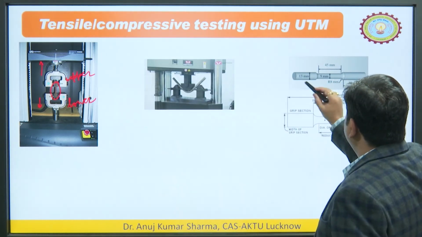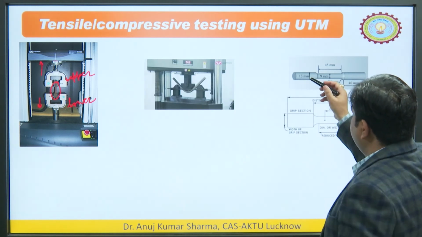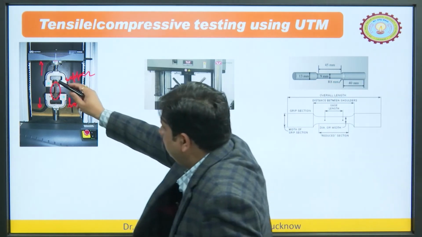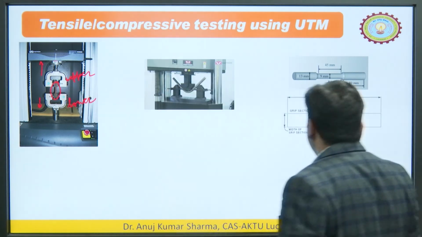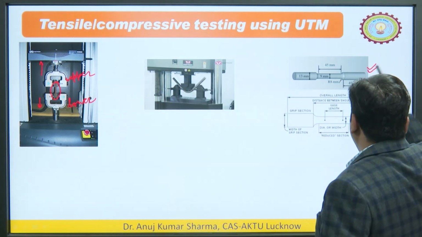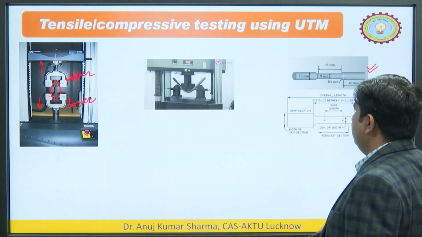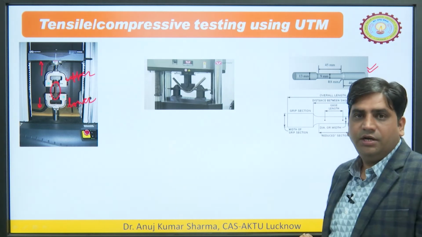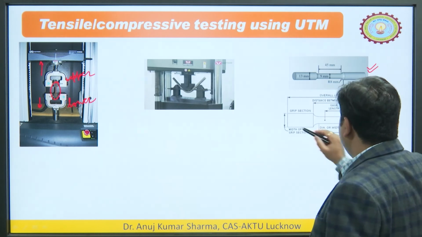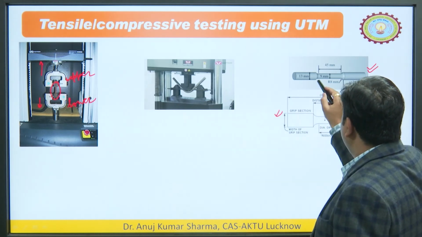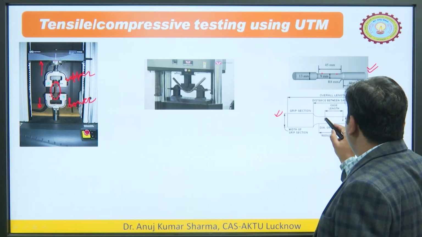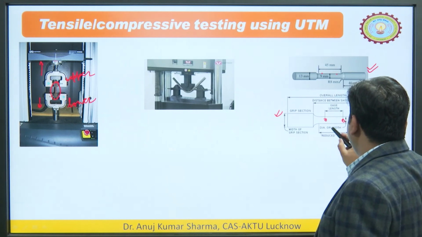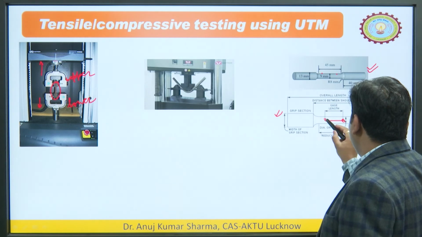So, this is the object which is being attached in this particular machine. This is the specimen of the universal testing machine for tensile loading. We generally put points here and here, and we do our observation between this range for this particular length.